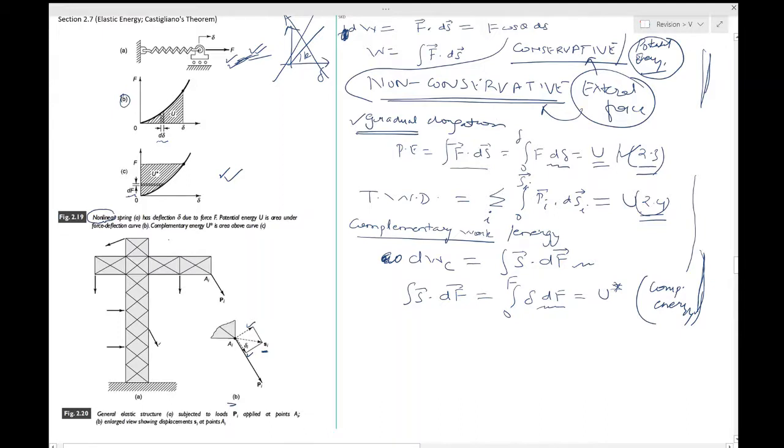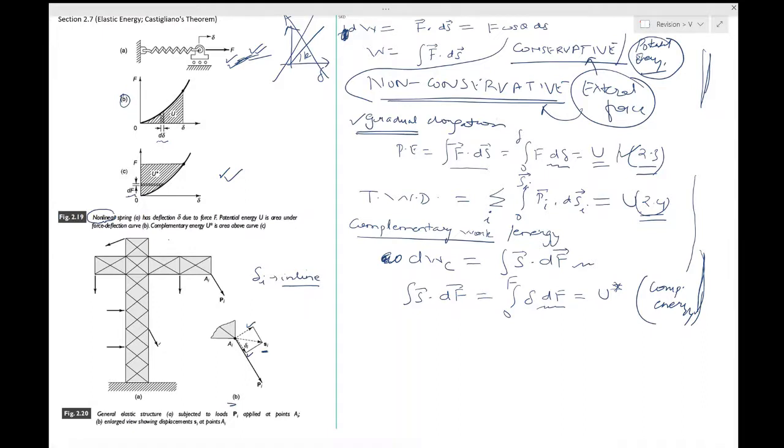You have broken this down into two components and now you can treat them separately. So delta I is the inline component, meaning it is in line with the external force which you are applying.